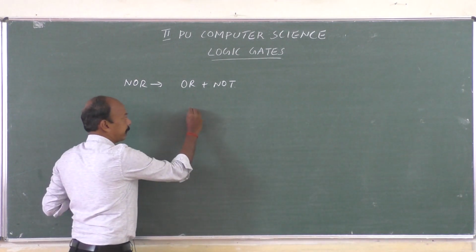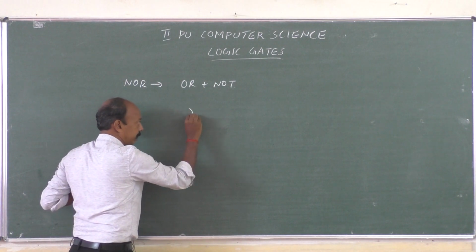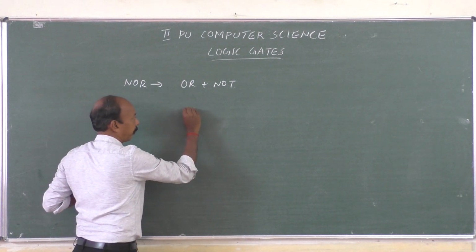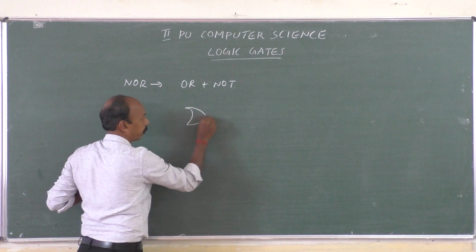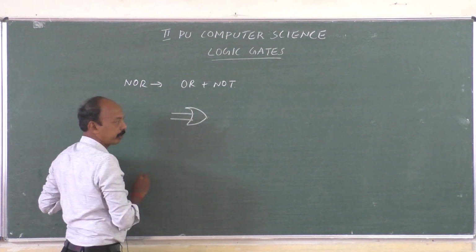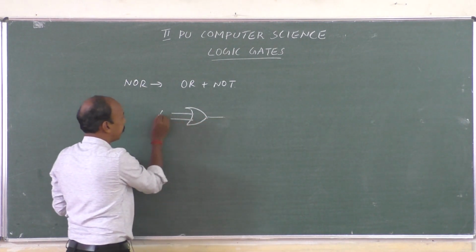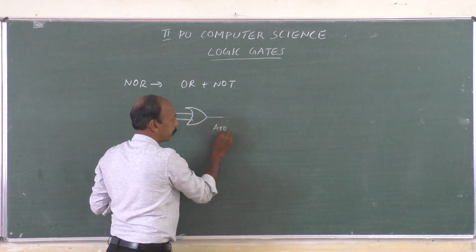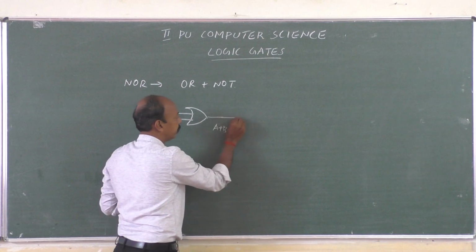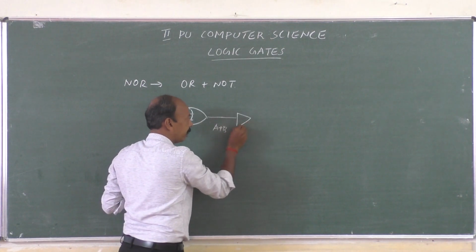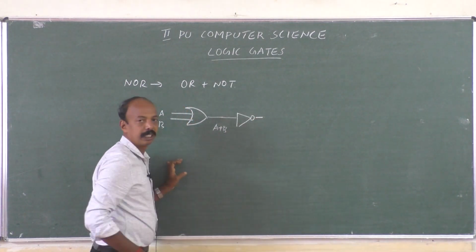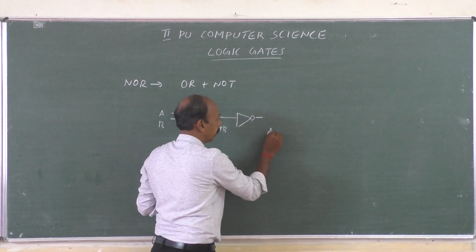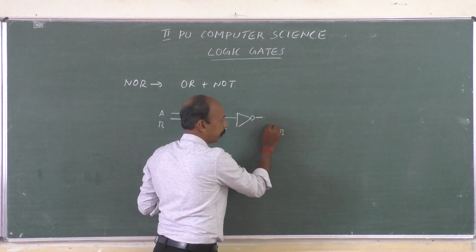The OR gate we have seen. The OR gate is somewhat curved here. A two input OR gate gives us the output. If the inputs are A and B, this will be A plus B. Here this will be complemented, a triangle with a bubble in front of that, which will give us A plus B, complemented.